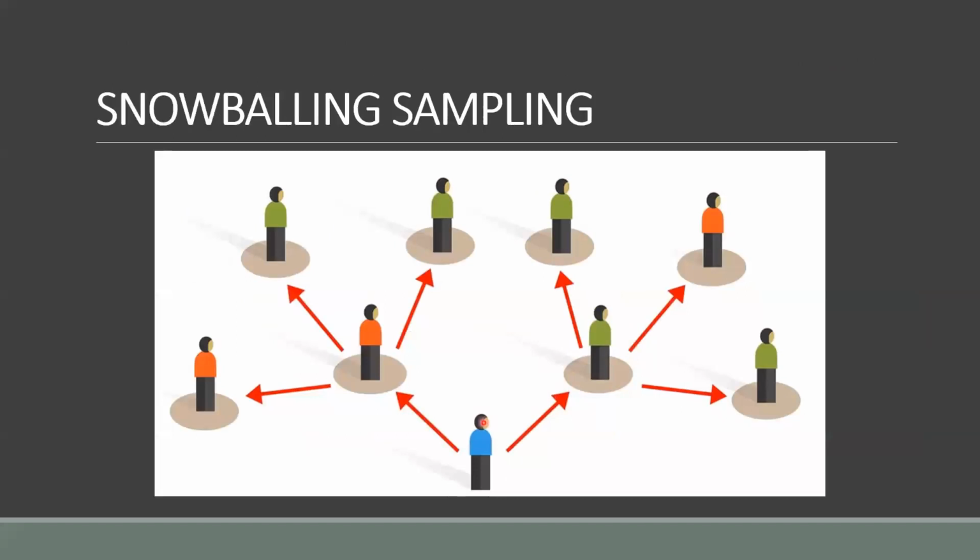And the last type of non-probability sampling that we have is snowball sampling. In this technique, the researcher will ask respondents to give referrals to other possible respondents. If this type of sampling is familiar to you, it is actually being utilized in some marketing techniques.